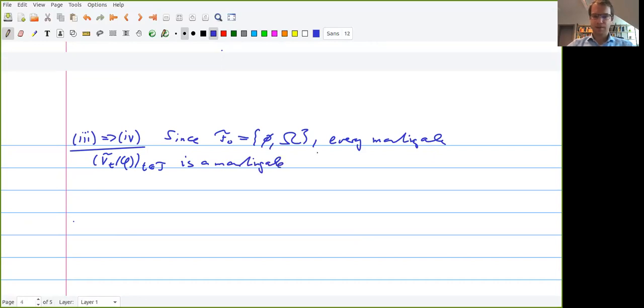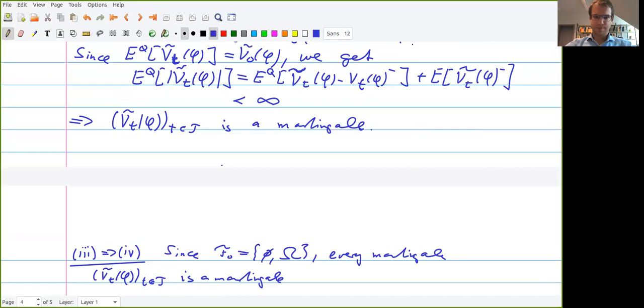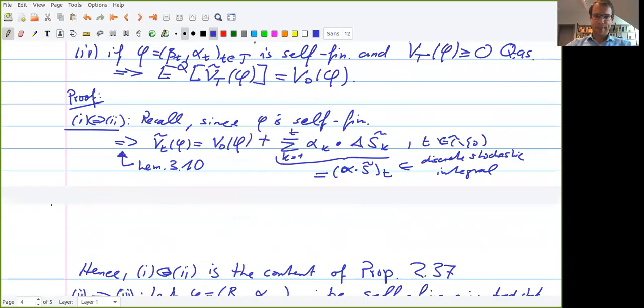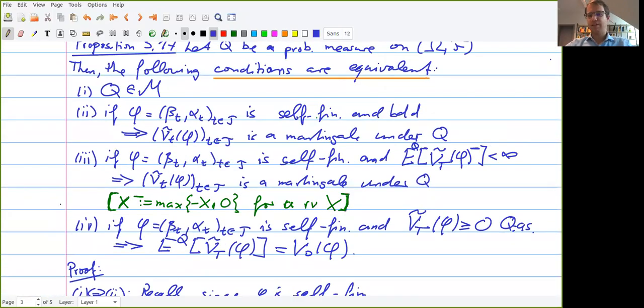And why do we know this? If you take a self-financing trading strategy which has at the terminal time a non-negative associated terminal wealth, well, this implies, of course, the condition that the negative part, which is just 0, is integrable.